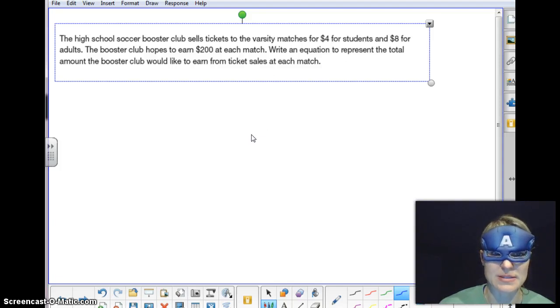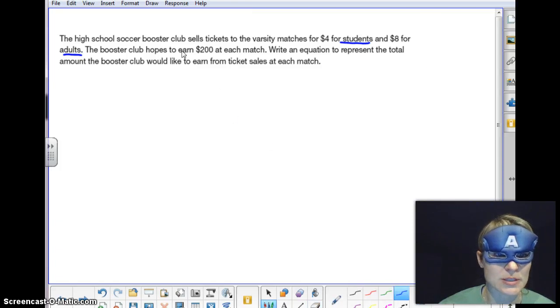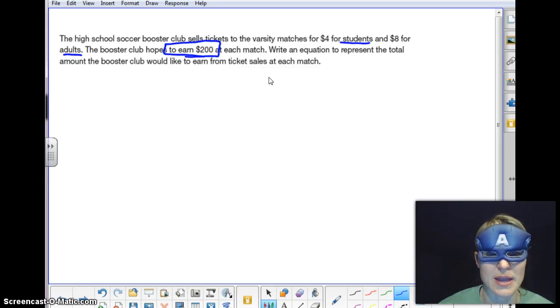So automatically I can see, okay, I'm talking about students and I'm talking about adults. So those are going to be my two variables. And they want to earn $200 each match. Write an expression representing the total amount the Booster Club would like to make from ticket sales at each match, right? So again, we found our two variables and we have to define them.